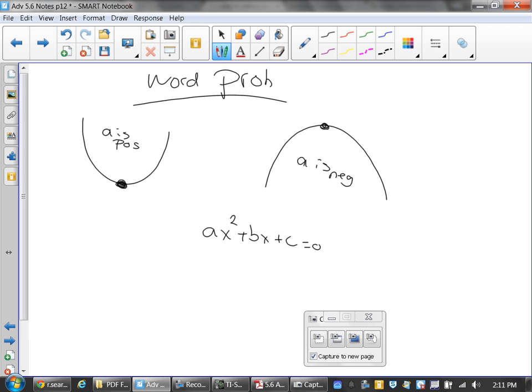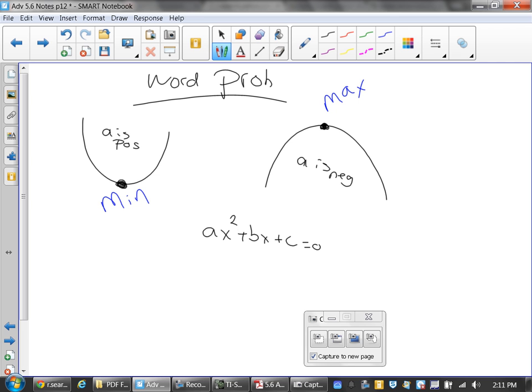Can you get any higher up than that? No. Can you get any lower than that? No. Maximum, minimum. This is a maximum value. This is a minimum value. And you're right, they lie on the axis of symmetry.